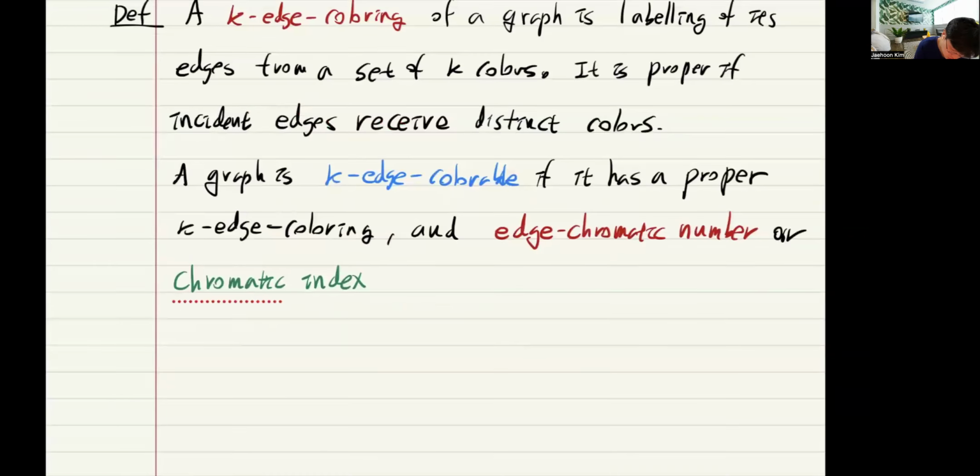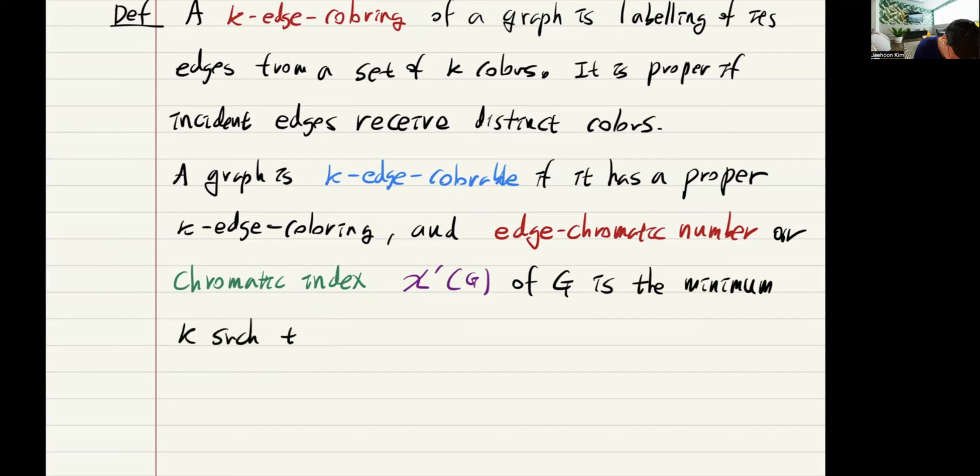And then we write chi prime of G. Again, chi is the chromatic number, and when you add the prime, it's the parameter related to edges, the edge version of this parameter. So this is the minimal K such that G is K edge colorable.